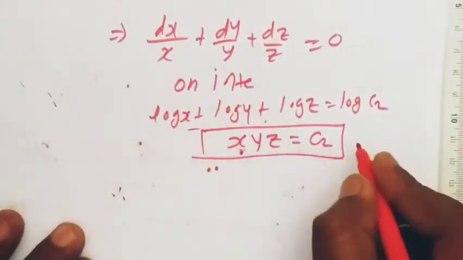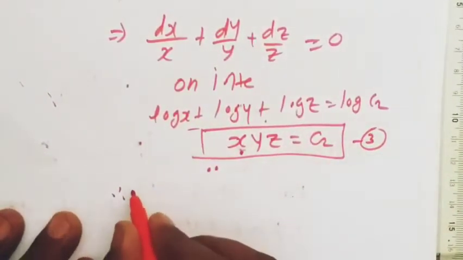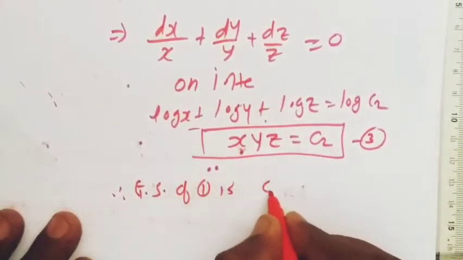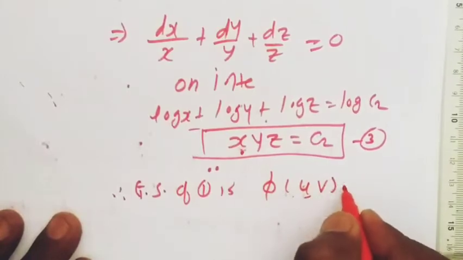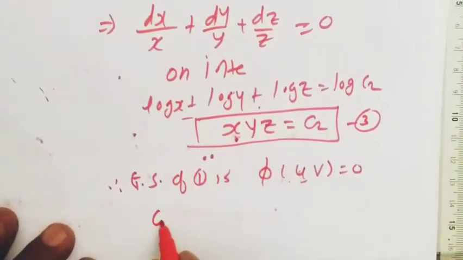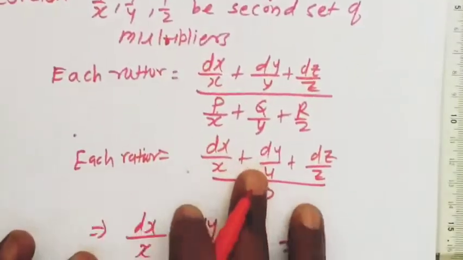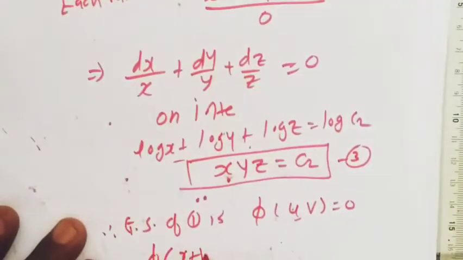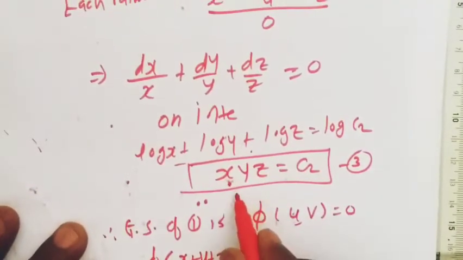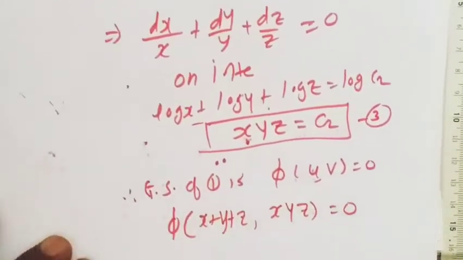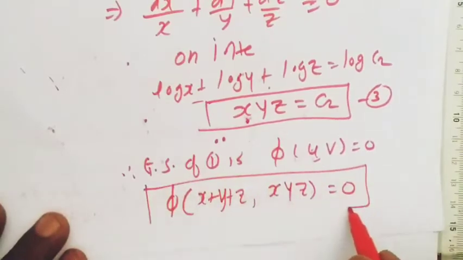Therefore by 2 and 3 we can write the general solution of 1 as phi of u comma v equal to 0. This formula we know. Now we just have to put the values of u and v. U is the left hand side of the first equation, which is x plus y plus z, and v is the left hand side of the second equation, x into y into z. So this will be the general solution for the first problem.